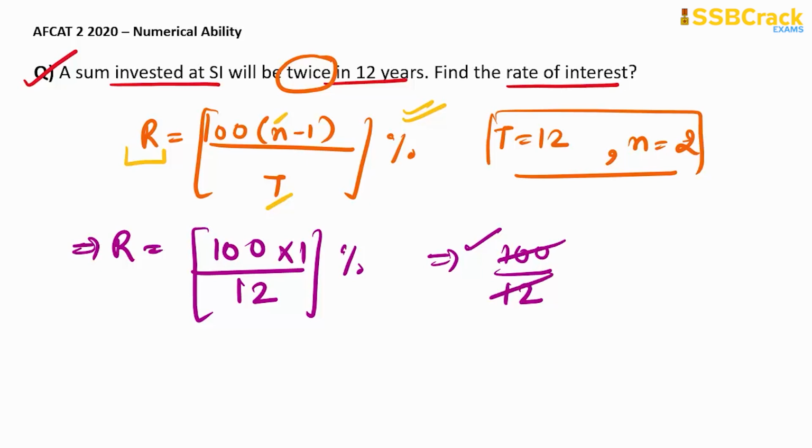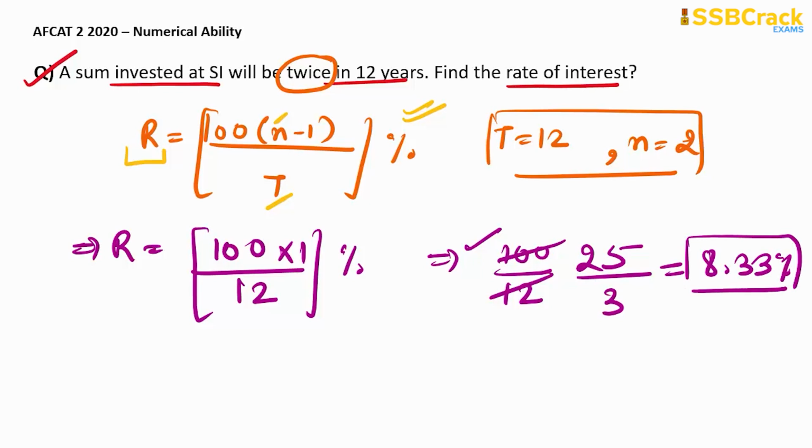So 4 25s are 100 and 4 3s are 12, and 25 by 3 should be equal to 8.33%. So this 8.33% should be your answer for the question. And you can see that if you have remembered this formula, you can directly solve this question in just one step, right? Now coming upon to our next question.